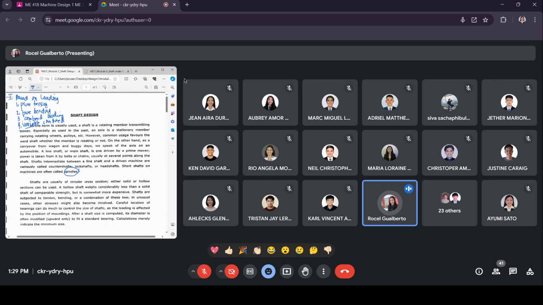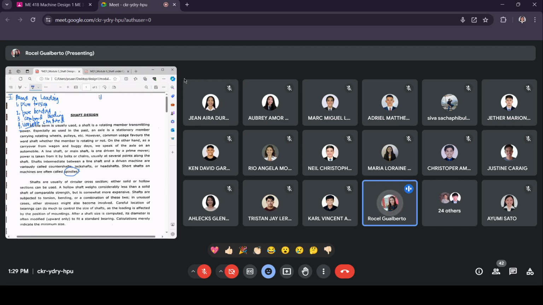Same thing with the bending load. That is why it is called a variable combined loading. So this would be the basis of designing your shaft, the basis of determining the dimension of your shaft, so based on the loading.